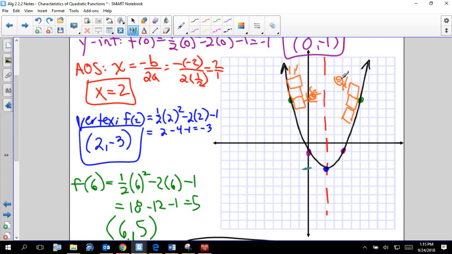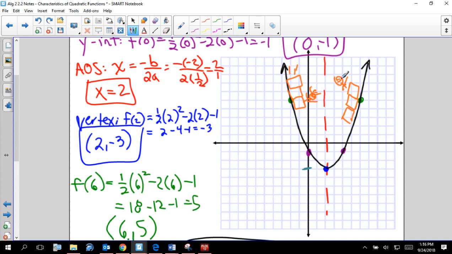Where is it that it switches from decreasing to increasing? The vertex, right. But when I talk about decreasing or increasing, I'm talking about the y values. So the way that we describe them is using x's. We're going to describe things like left of and right of. So when I ask you, where is this graph increasing, you're going to say to the what of.